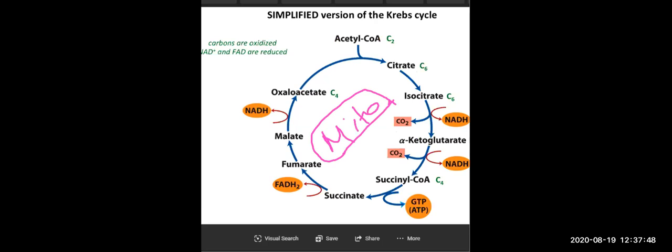What will happen is that this citrate from your mitochondrial matrix will move to your membrane, and then it will be converted into acetyl CoA in the cell cytoplasm. So you see it is again converting into acetyl CoA.